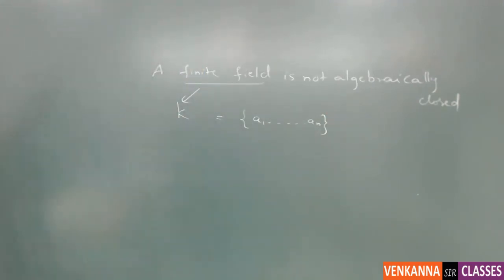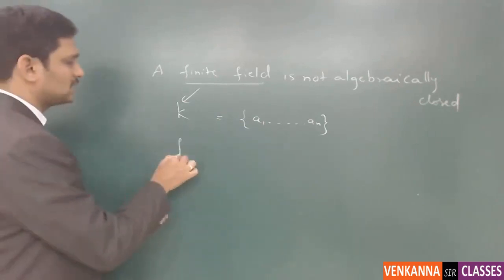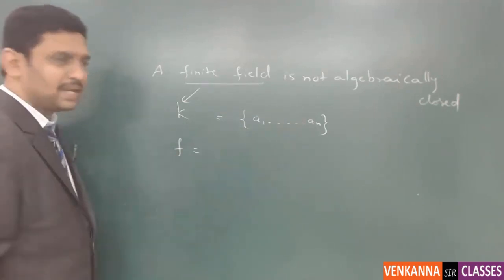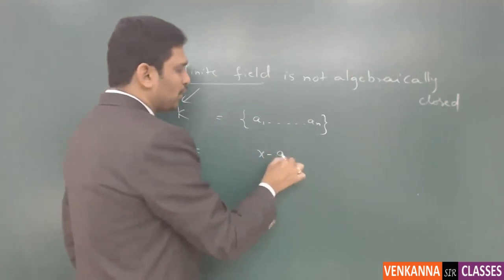Now, the thing with me is how to define the polynomial. Since it has n elements, I will take the polynomial like this.